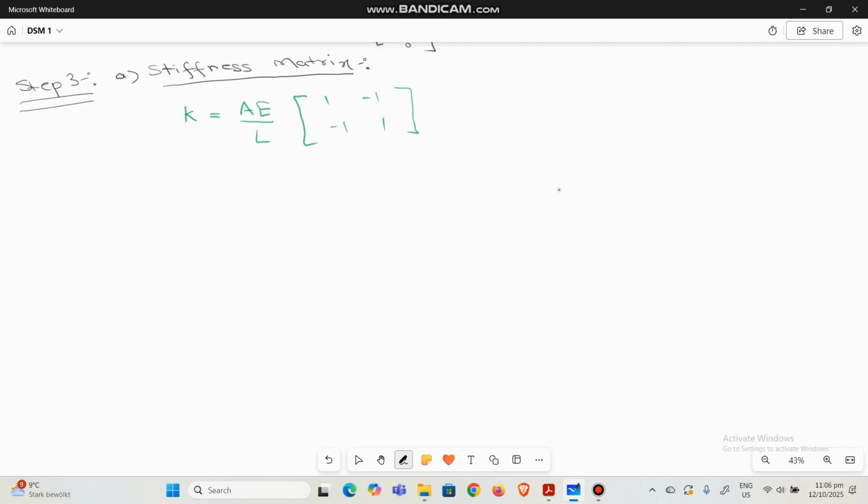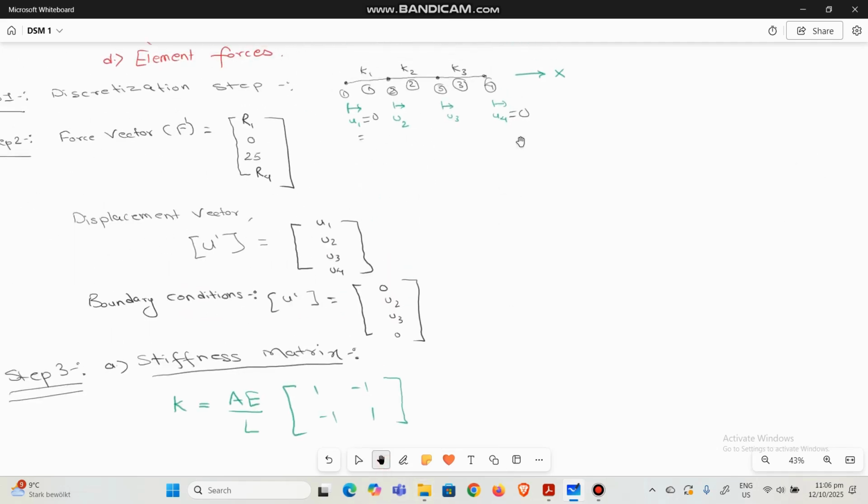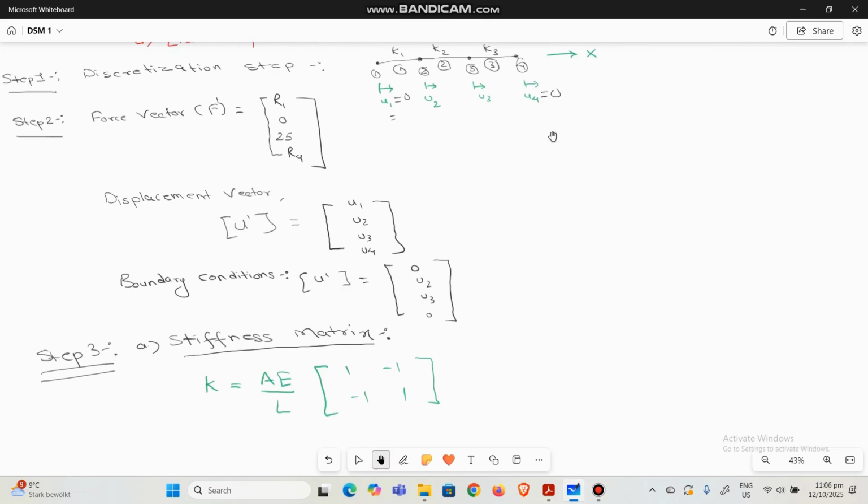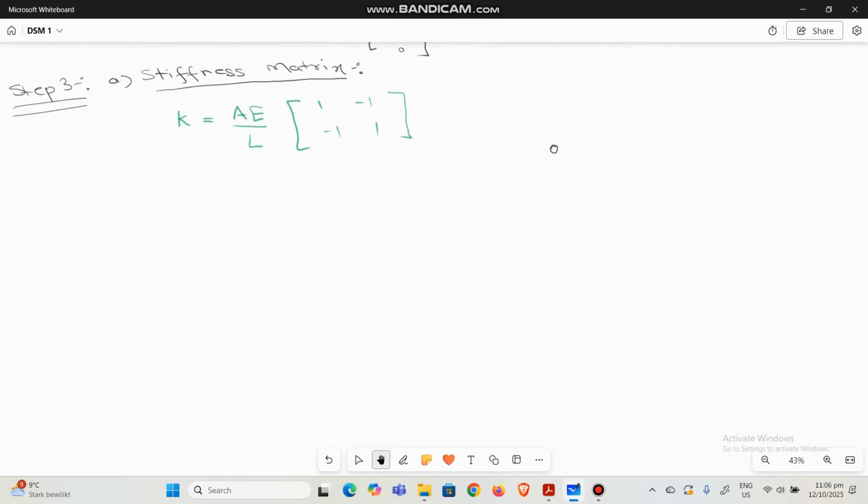So for element 1, I've given it the green color. It's 200. For element 1, we have been given AE upon L, which is the stiffness value, as 200 Newton per mm, right?